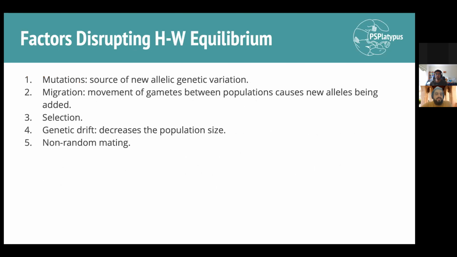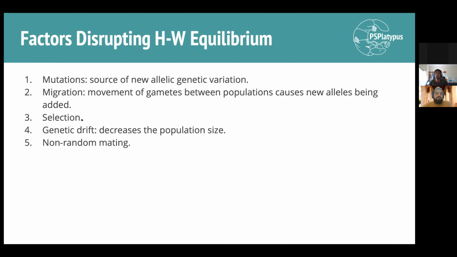There are some factors affecting the Hardy-Weinberg equilibrium. So mutations, because they bring new alleles, genetic variation. Migration, which is the movement of gametes between populations. This also causes new alleles to be added to this population.